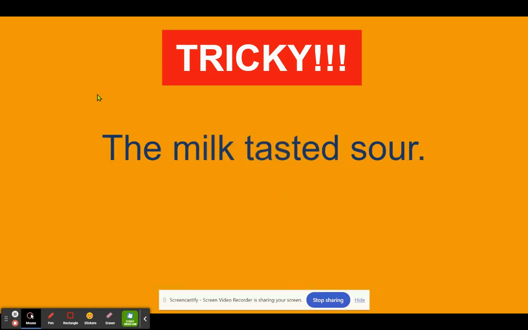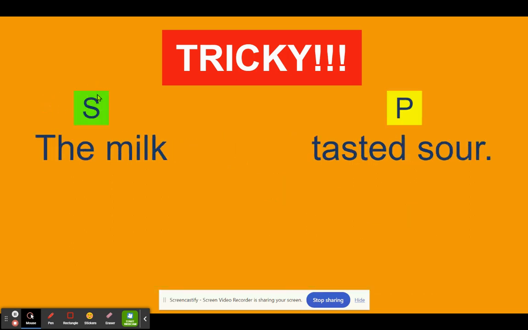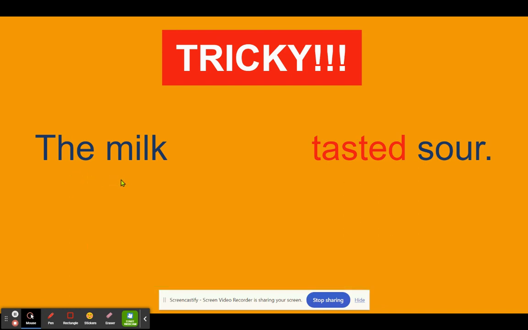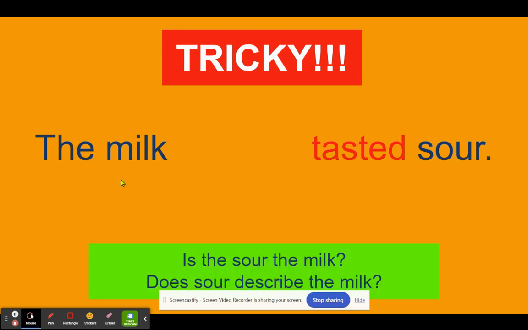What happens about this one? The milk tasted sour. So we've got our subject and our predicate. Is the milk doing the tasting? No. Sour is a description of milk. So if we take a look at this, we see the tasted, even though same verb, could be either a linking verb or an action verb, depending on the way it's being used in this sentence. Is the sour the same thing as the milk?